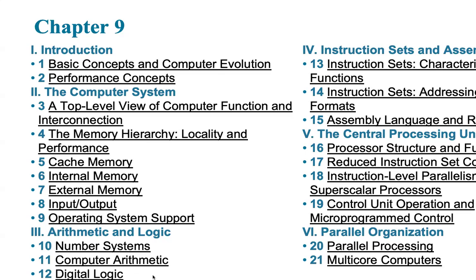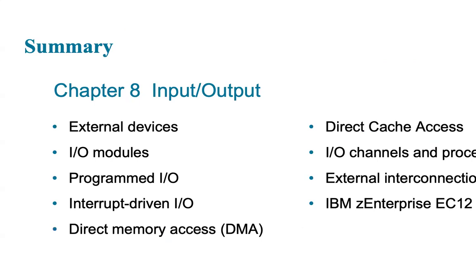Anybody remember me mentioning the ALU, the arithmetic logic unit? Is that something you remember, at least the term? We haven't got into the guts of that, but it's in some of these diagrams that I've shown you.